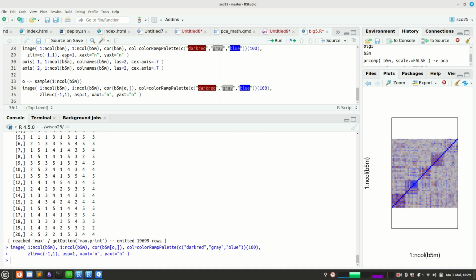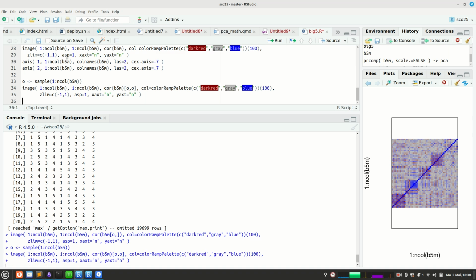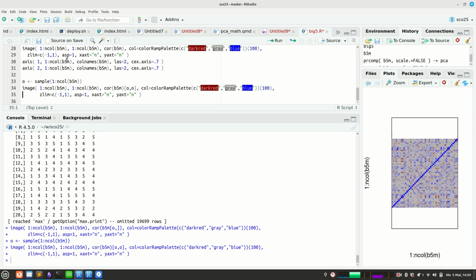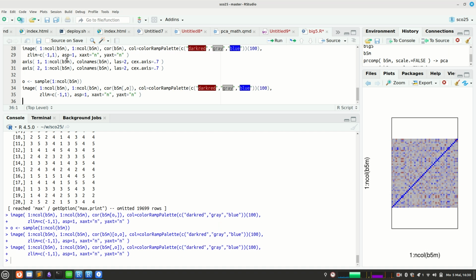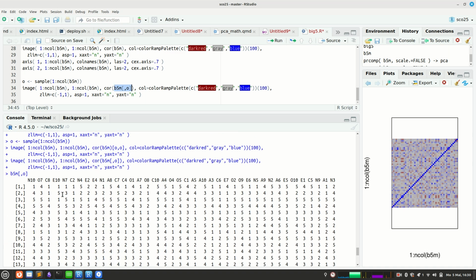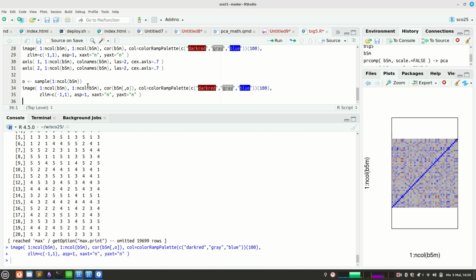Then, are these the rows or the... I think this is how I have to do it. Yes, let me write it correctly. So here I take my B5M, and with this comma O, what I explicitly do is, as you can see, I shuffle the questions. And now with the shuffled questions, the correlation matrix looks like this.